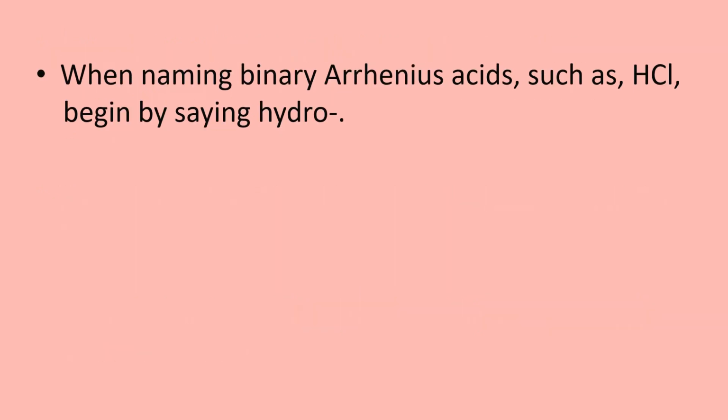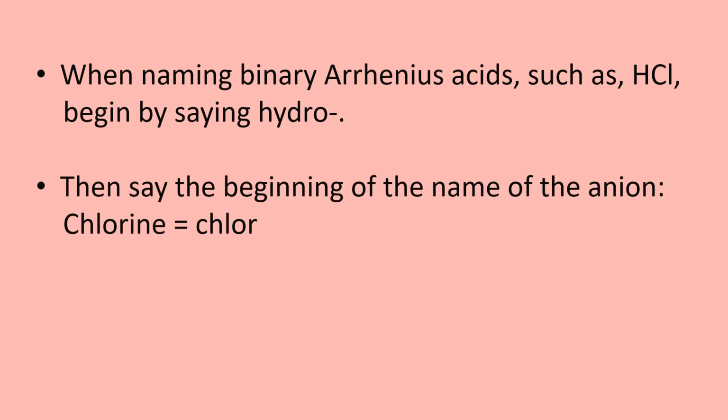When naming binary Arrhenius acids, such as HCl, begin by saying hydro. Then say the beginning of the name of the anion, or the root. So for chlorine, we say chlor. The suffix is always IC.